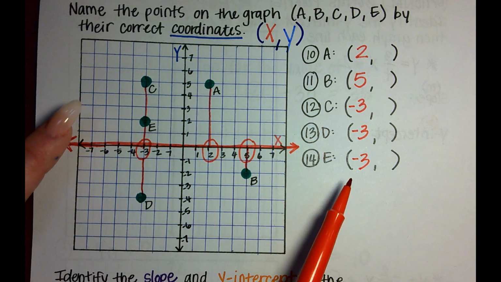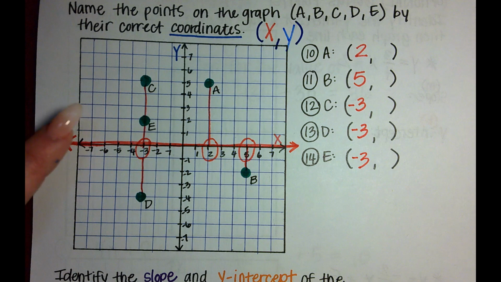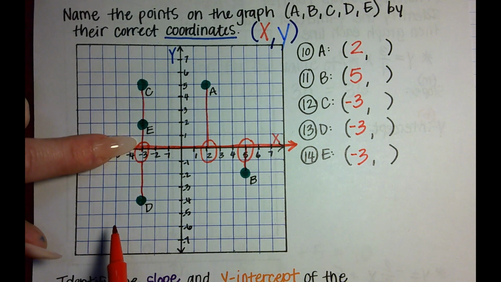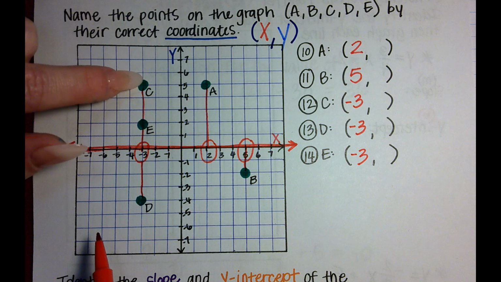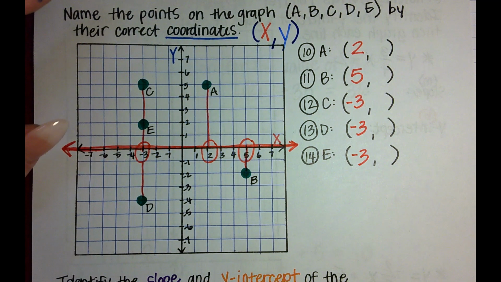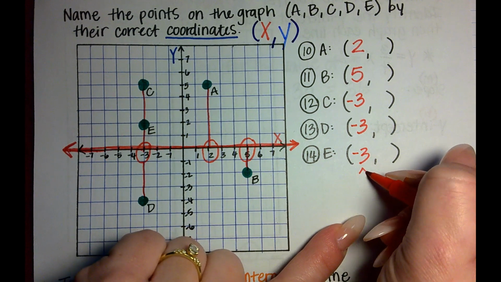So to find your first number in your parentheses, we are going to trace from our point either up to the x-axis, or we will go down to the x-axis. We're going to trace up or down to find our x value. So I'll make a little note of that.